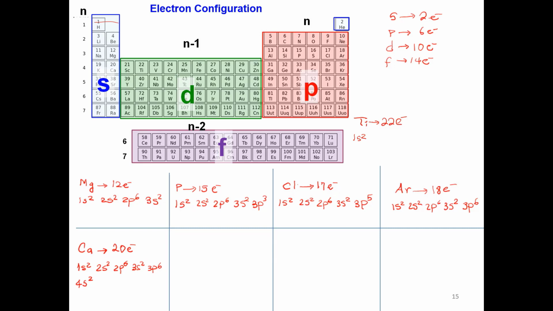Then we had here 2s2, 2p6, 3s2, 3p6, 4s2.